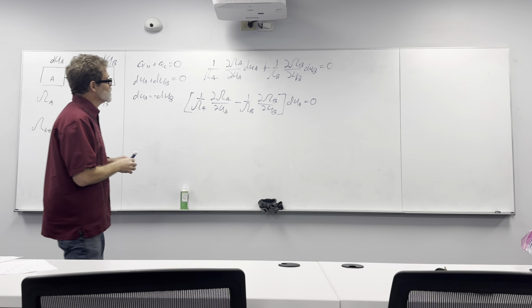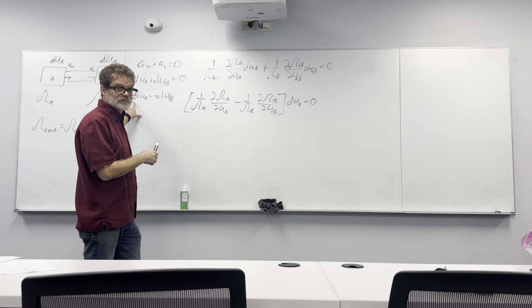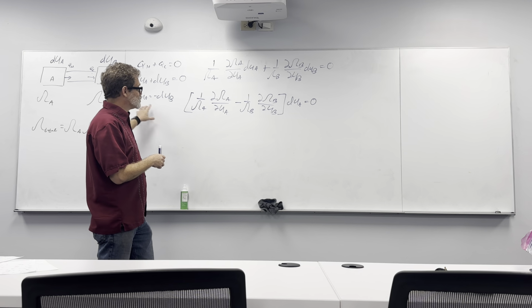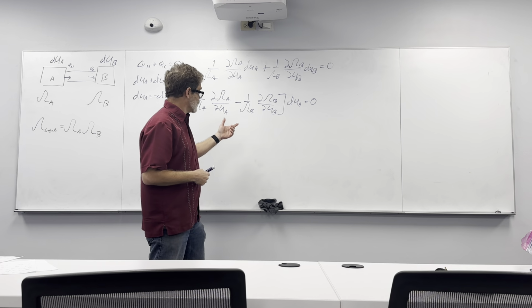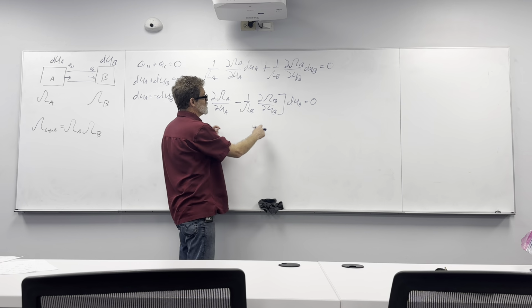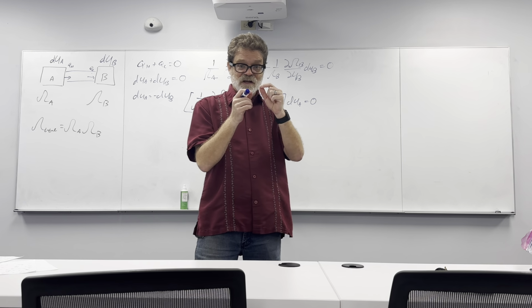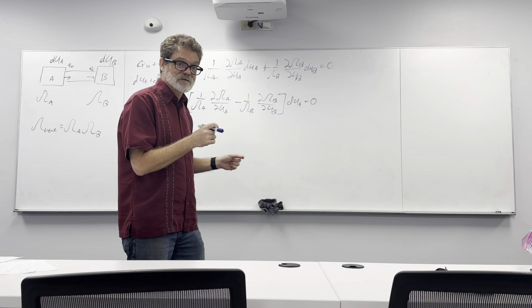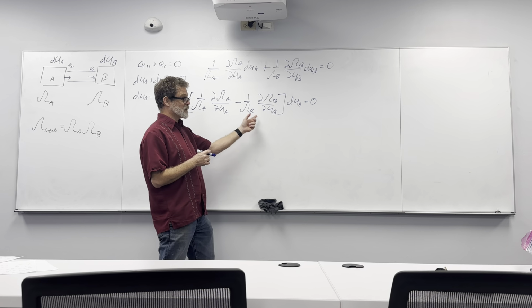I just replaced dUB with minus dUA and then factored it out. Now I have two things multiplying each other equal to 0, this quantity inside the brackets, and then dUA. dUA is a change, and the change isn't equal to 0, so this thing has to be equal to 0. Or this term has to equal that term. Right?